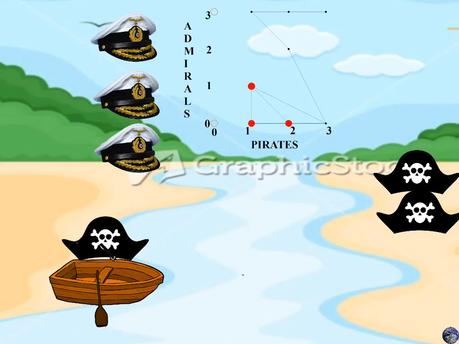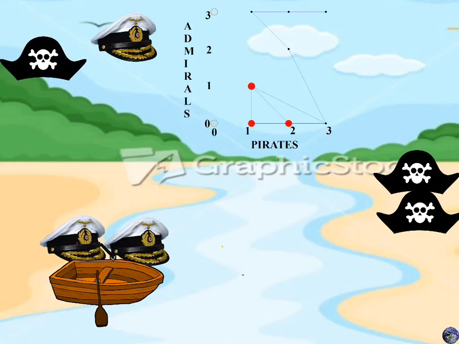So to do this, we're going to send over 2 admirals and then come back with a pirate and an admiral. I'm guessing this is the step that most people who are just trying things randomly probably miss, right? The fact that you're actually bringing back some pirates here and doing some exchanges.